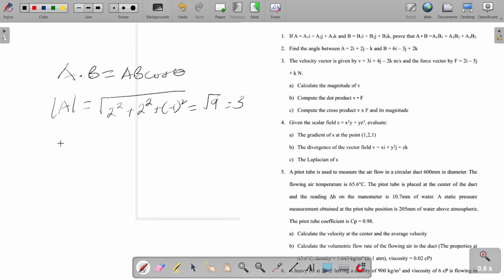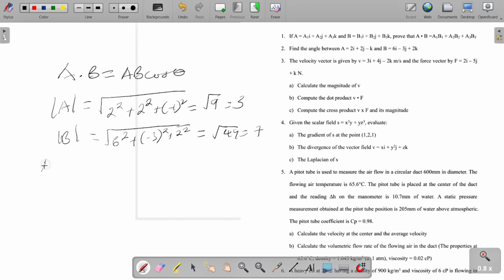So that's the magnitude of A. Then for B, finding its magnitude gives me 6 squared plus negative 3 squared plus 2 squared, so we end up with the square root of 49, which gives me what? 7.